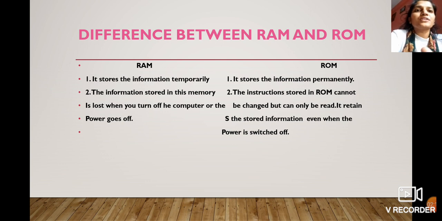The information that is in RAM is lost when we switch off the computer or when the power goes off. But in ROM it's not like that. It can only be read and it retains the information when the power is switched off. Even if the power is switched off, we can read the information afterwards. Okay, so this is the difference between RAM and ROM.